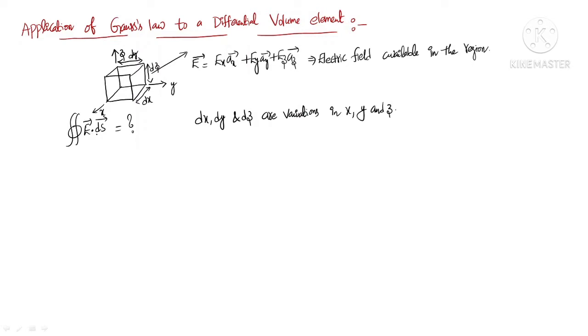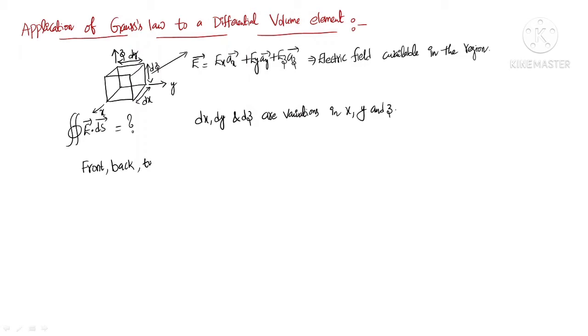How can I find it? It is the summation of 6 integrals, because this cubical element has 6 surfaces. One is the front surface and another is the back surface.